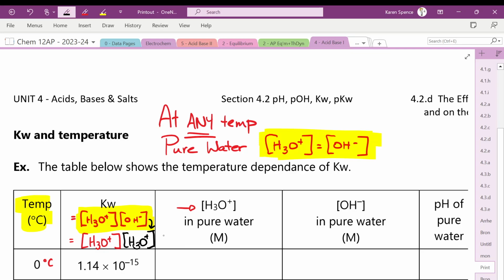I could also rewrite that as H3O plus squared equals Kw. And you know that that squared is equal to Kw, so you find the square root.